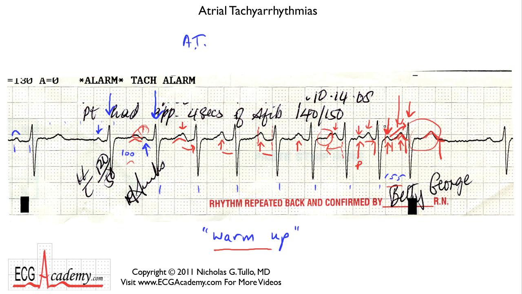At the end, had a bit of a first-degree AV block, but that's exactly what you would diagnose this tachycardia as. So we are getting into some complicated territory over here. And I hope you guys keep up, but the beauty of internet learning is that you can play this back over and over again until you truly get it. Get it? All right, let's go on to the next one.